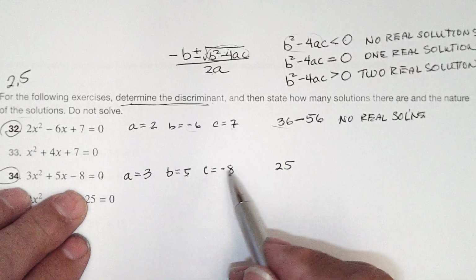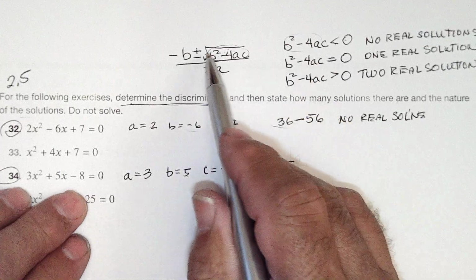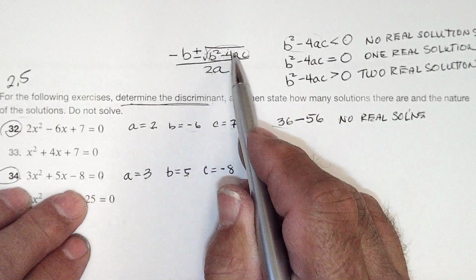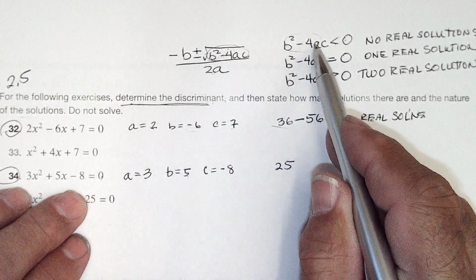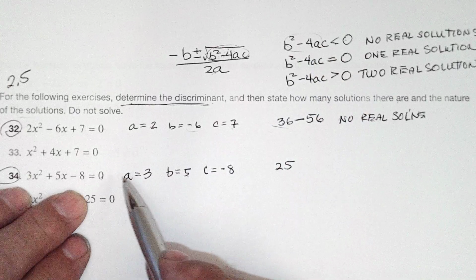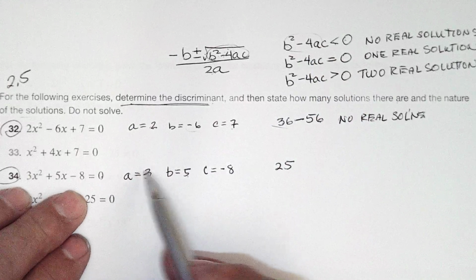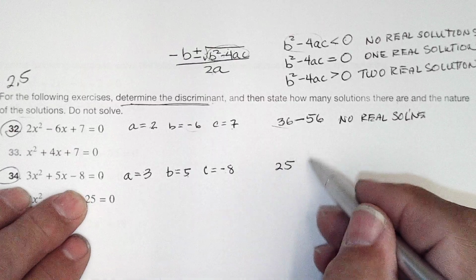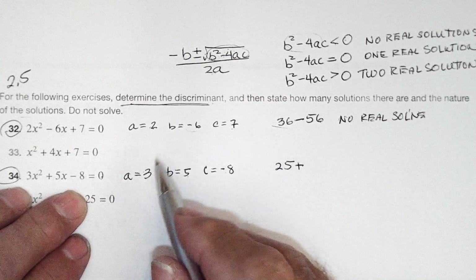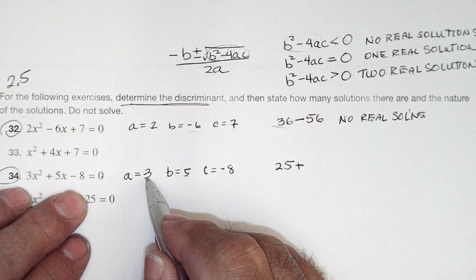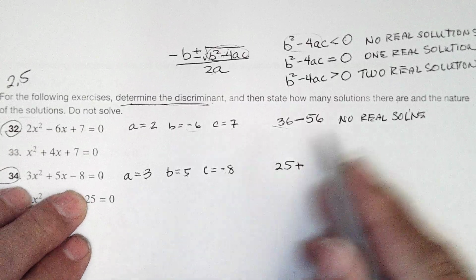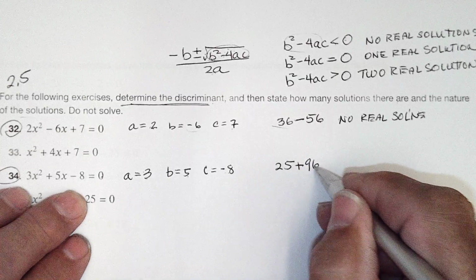And we have negative 4 times a times c. So we got a negative 4 times a positive times a negative, which would make it positive. Negative 4 times 3 is negative 12, times a negative 8 is plus 96.